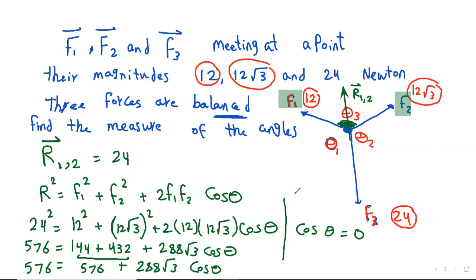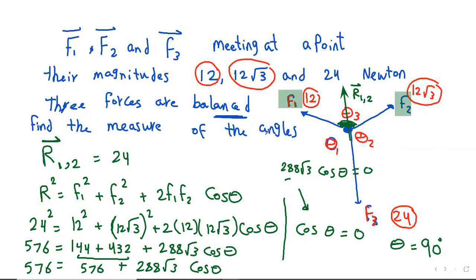Move it to the other side: 288 root 3 cosine theta equals 576 minus 576, which is 0. Then divide by 288 root 3, and you will end up with cosine theta equals 0. So the angle theta equals 90. I managed to find the angle between F1 and F2, which is 90.